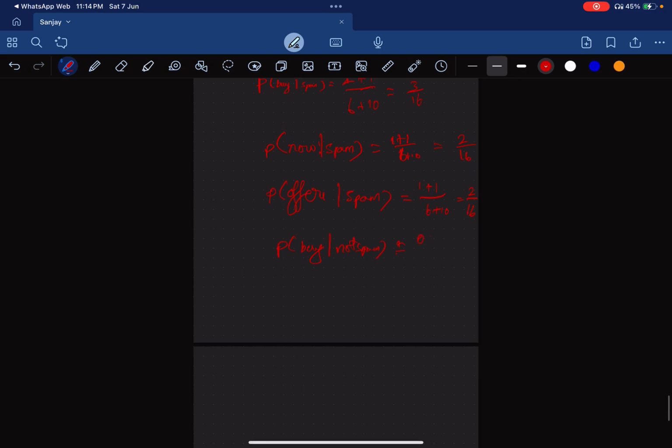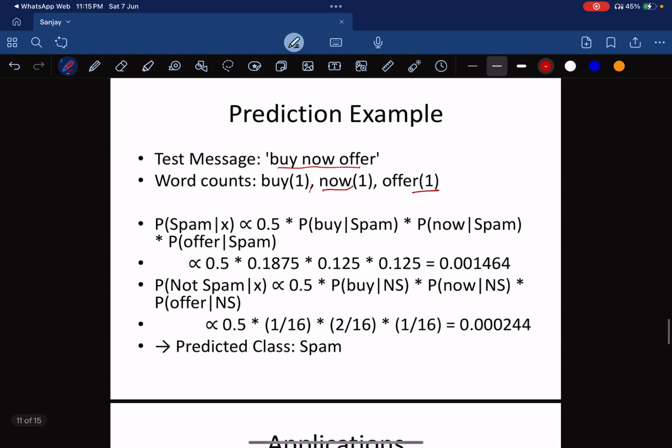So the occurrence is 0, plus 1, divided by 6 plus 10. That is 1 by 16. And we pass the second feature, "now", in the not spam class. It occurs one time, so 1 plus 1 divided by 6 plus 10 equals 2 by 16. And similarly, we do it for the "offer" feature in the not spam class, and "offer" occurs, I think, 1 time.